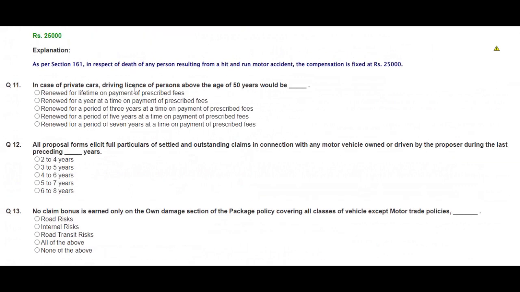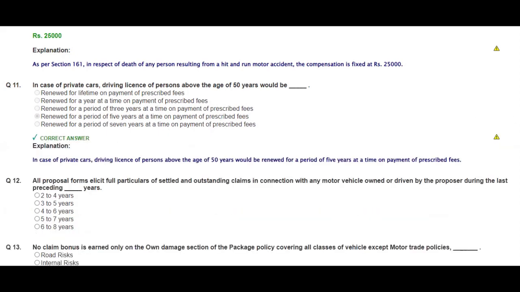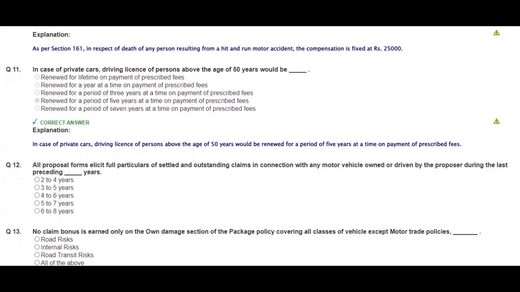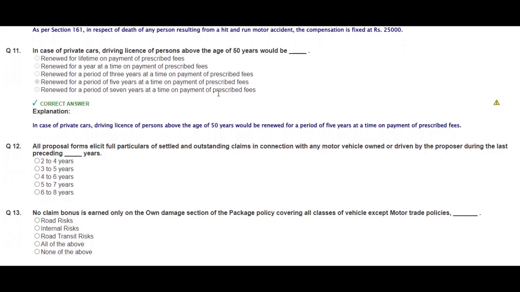In case of private cars, for a driving license of a person above the age of 50 years, we will easily understand, every 5 years he will renew the DL on payment of fee. Everyone knows above 50 years persons will renew the DL every 5 years.